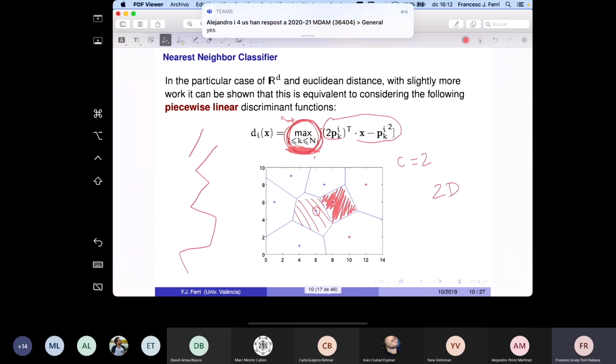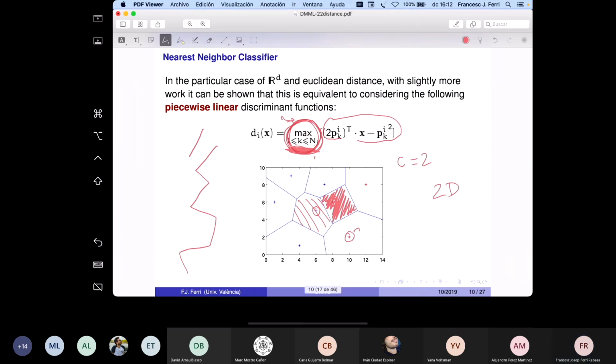And which is the Voronoi polytope associated to this point? Would be this region, or not? What happened here?